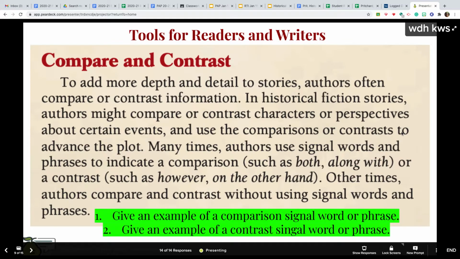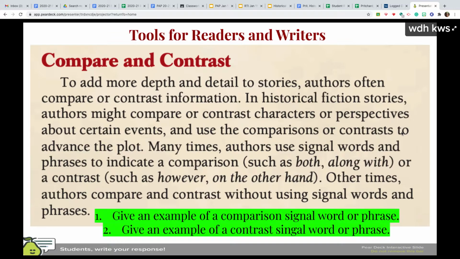Okay, then type the number 2. Beside the number 2, give an example of a contrast signal word or phrase.